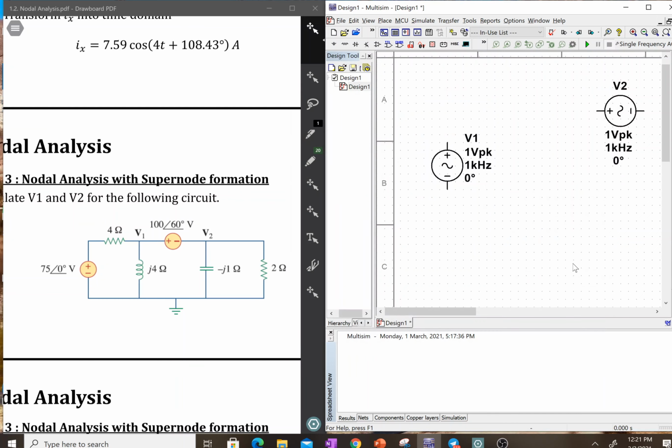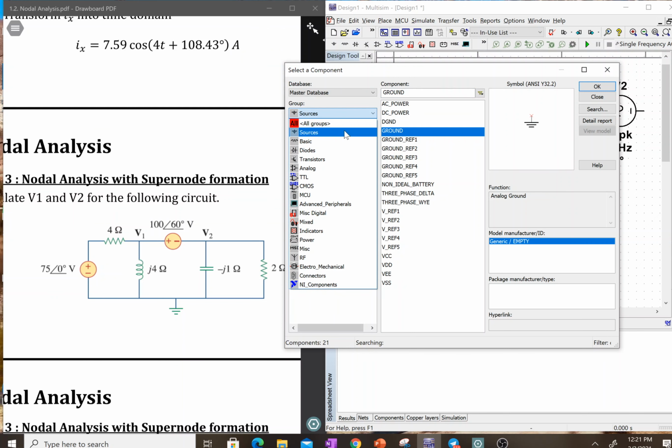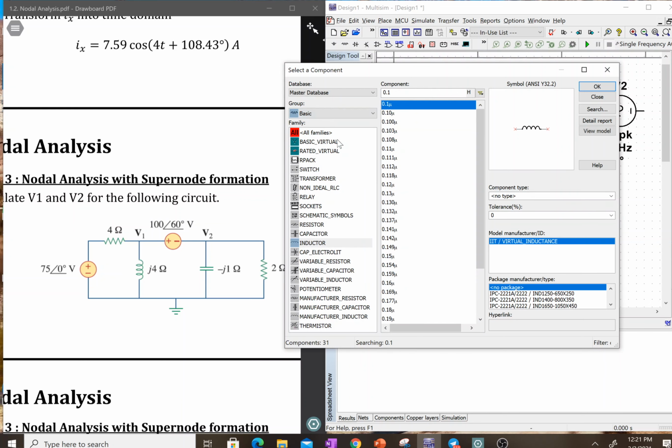Okay, this one. And then next we need a 4 ohm resistor. So for the 4 ohm resistor, you need to change the type of group. So choose basic. So under basic, you can find your resistor here, and then you can add on the value of the resistor.